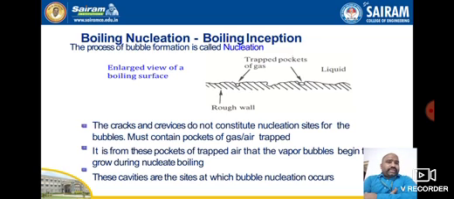Cracks and crevices do not themselves constitute nucleation sites for the bubbles, but they contain pockets of trapped gas or air. It is from these pockets of trapped air that vapor bubbles begin to grow during nucleate boiling, and these cavities are the sites at which bubble nucleation occurs.